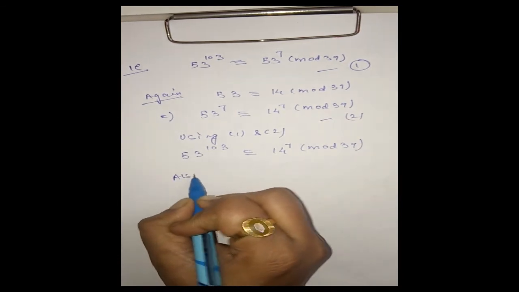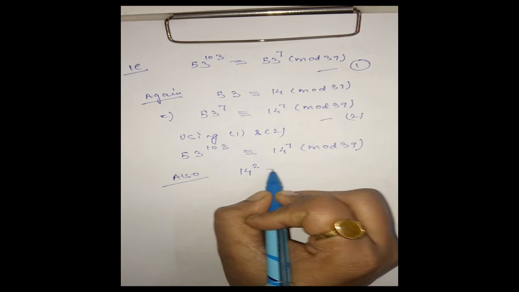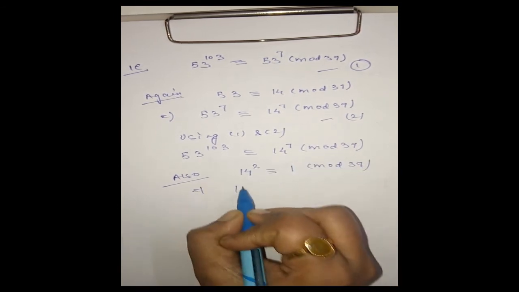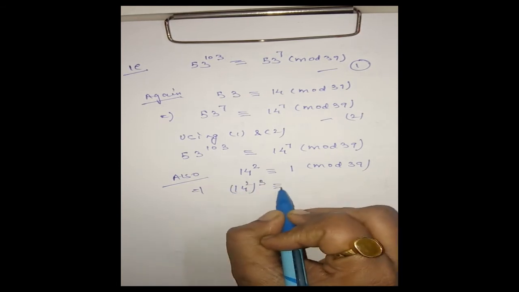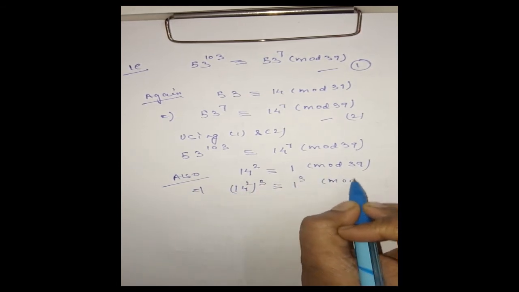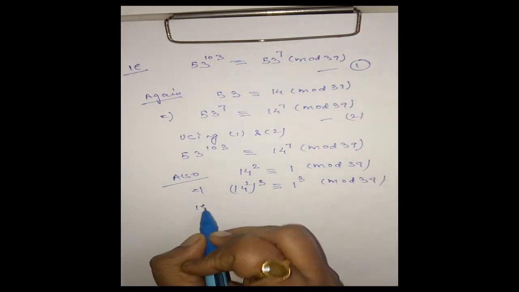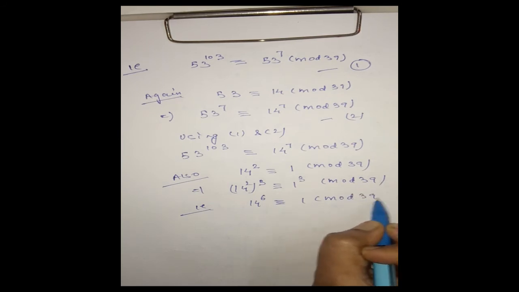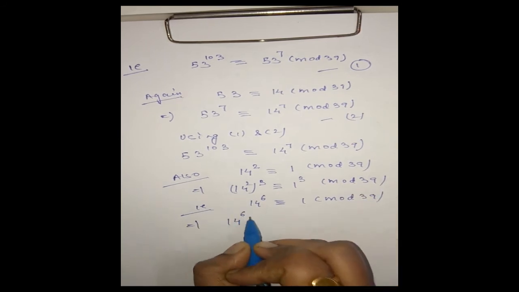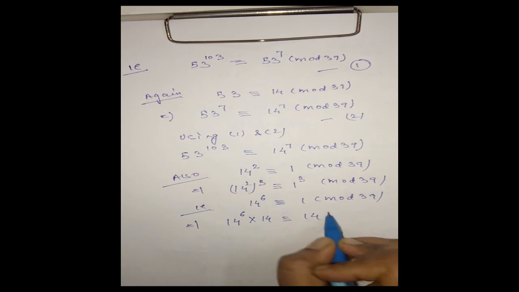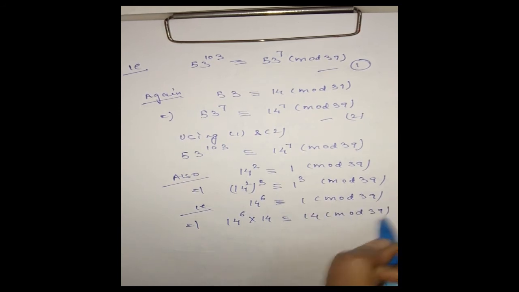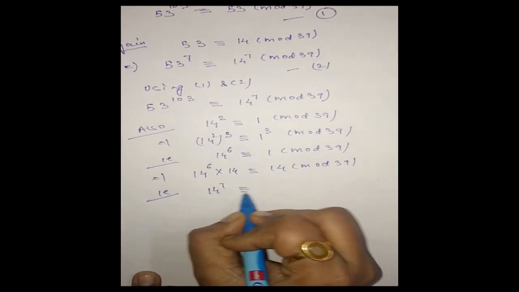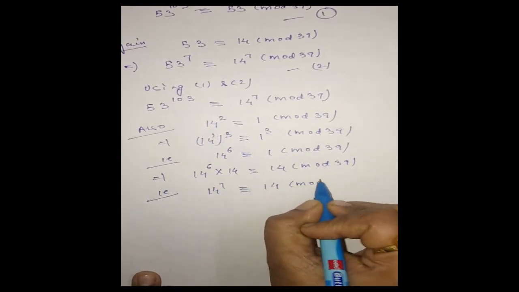Again, we will use this congruence. 14 square is congruent to 1 modulo 39. This gives 14 square power 3 is congruent to 1 power 3 modulo 39. That is 14 power 6 is congruent to 1 modulo 39. On multiplying by 14 both sides, we have this congruence modulo 39, that is 14 power 7 is congruent to 14 modulo 39.